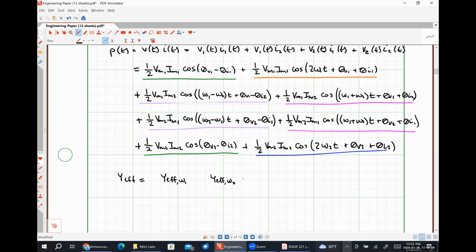And we could go on from there, right? So let's put a plus sign here. Y effective omega 3 all the way out to Y effective at omega sub n. What we're going to have to do to get the true effective value is we're going to wind up squaring each of these individual effective value terms and then taking the square root of the sum of those.